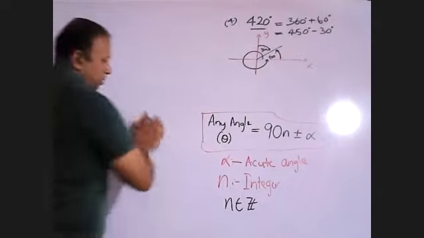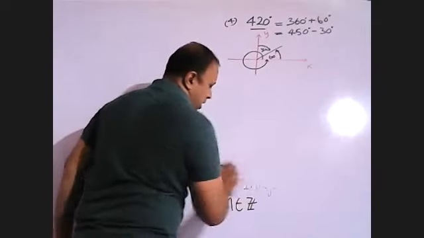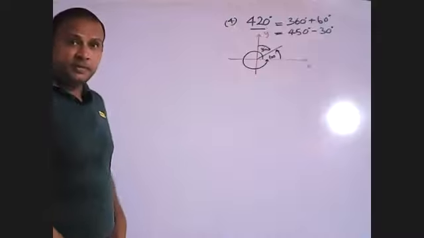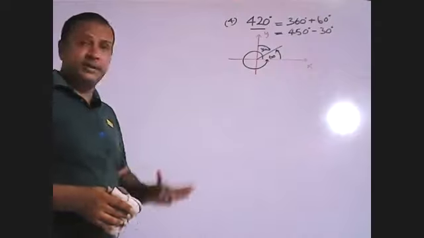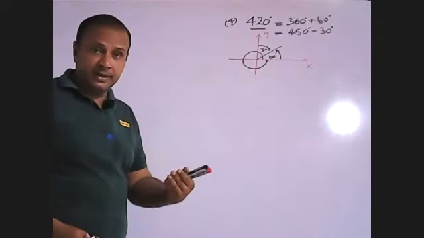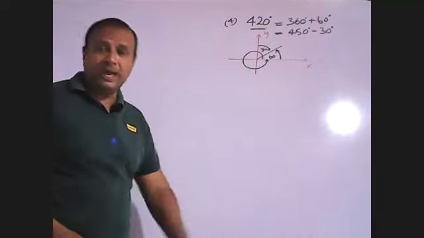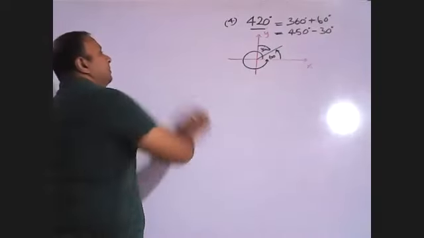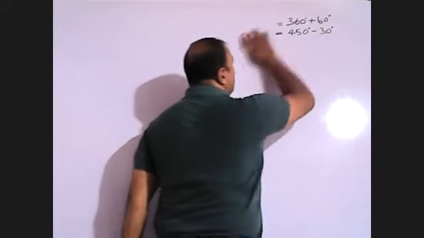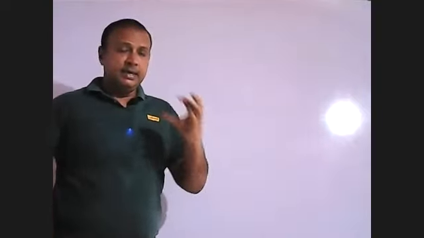Okay, now you know how to find trigonometric ratios of angles which are equal to integral multiplications of 90. And now you know how to represent an angle using an acute angle and integral multiplication of 90. Then you have to have knowledge about how to determine the sign of the trigonometric function.